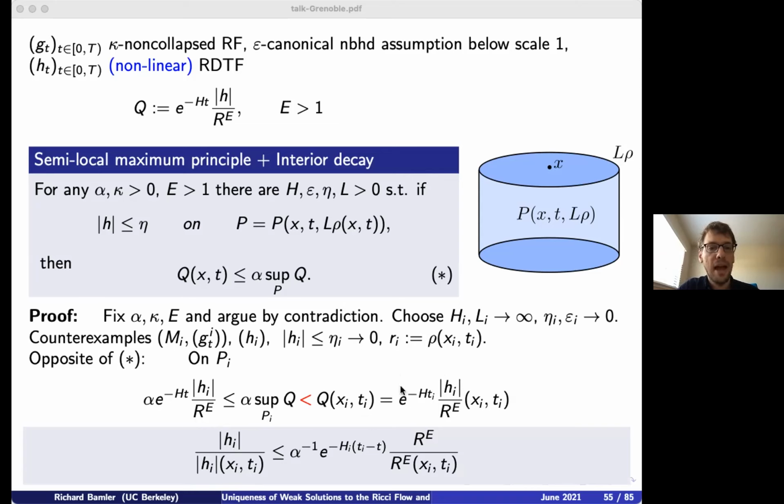So I think I've added these two together here. Times the quotient of the scalar curvature at any point divided by the scalar curvature at the base point to the power of E. Okay, so the interesting thing is that the opposite of this inequality is actually a uniform bound on h_i over the parabolic neighborhood, or some pointwise bound on h_i over the parabolic neighborhood.